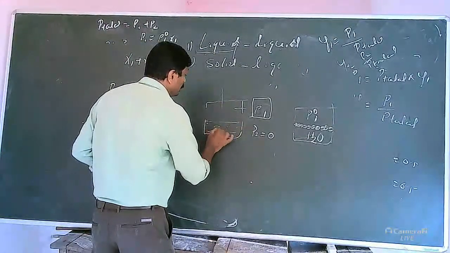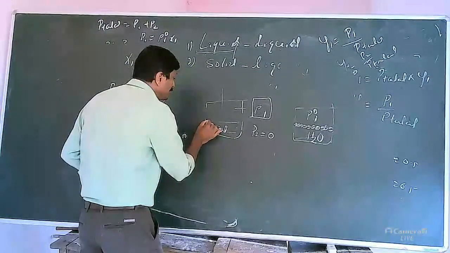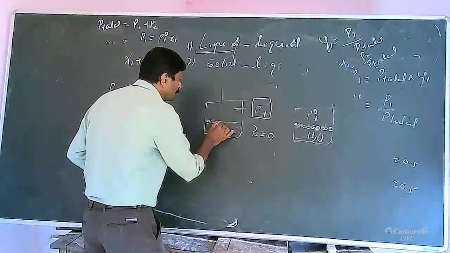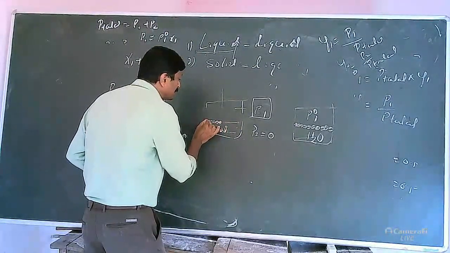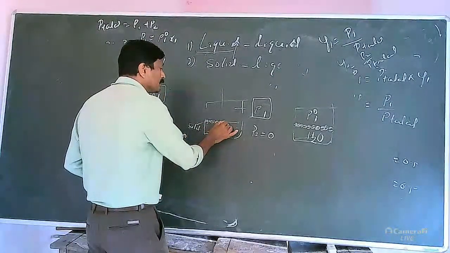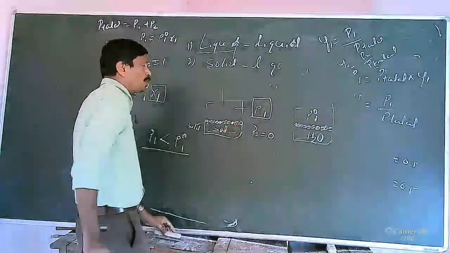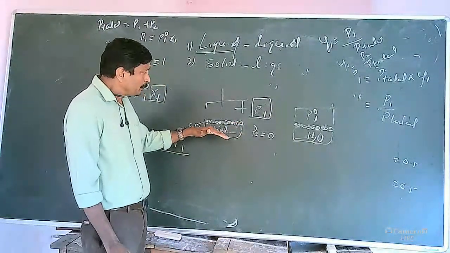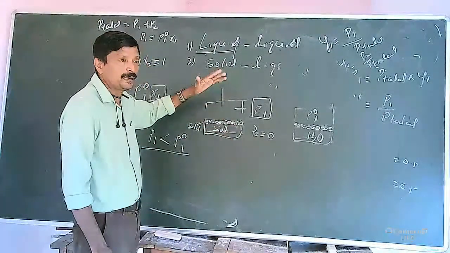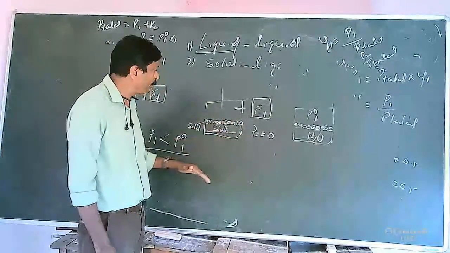But in a solution with a non-volatile solute, a fraction of the surface area is covered by solute molecules. This represents a solute. Along with the solvent, some of the surface area is covered by a solute molecule. Therefore, for escaping solvent molecules, the total area is not available. A fraction of the area is covered by solute molecules.